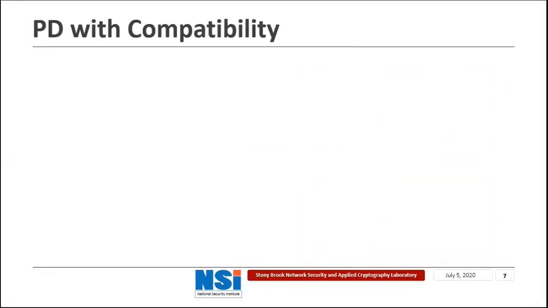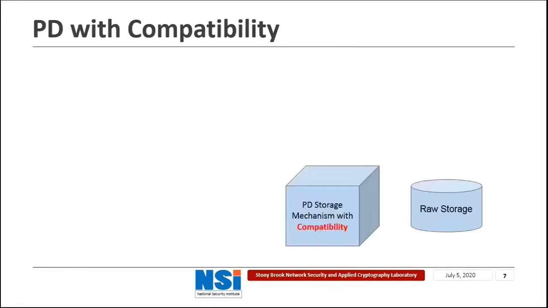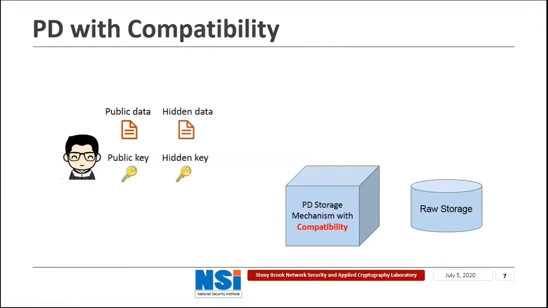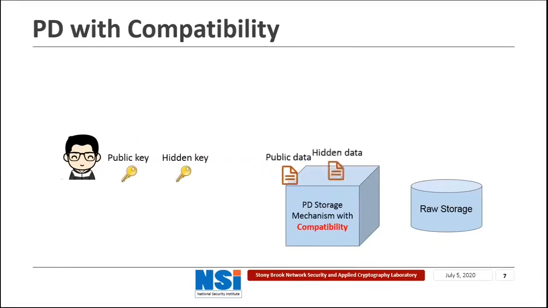Now let's see what will happen if a user is using a PD scheme with compatibility, and how it can hide not only the existence of hidden data, but also the deployment of the PD scheme itself. Here we have a user who is using a PD scheme with compatibility, and he has some public data and hidden data to store in the storage device. Then he stores his data with his public key and hidden key to the storage device.